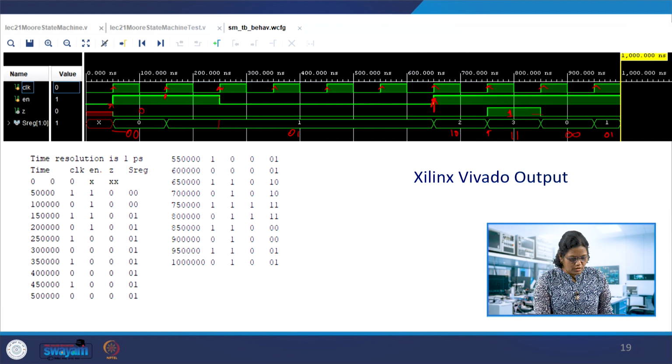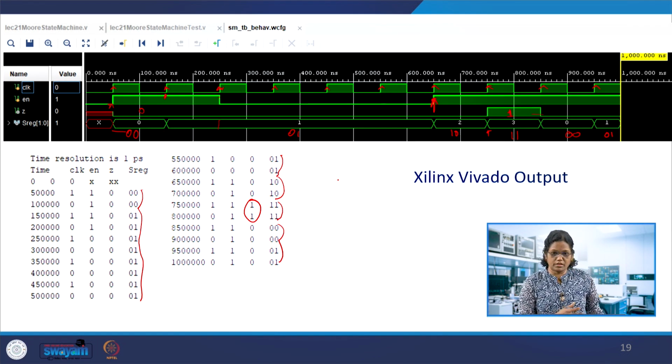We have got the log file also. Initially it is 0, and then it stays in the 0 1 state for a long time because of enable 0, and then it moves to 1 0, 1 1, and then 0 0. Z is only 1 at this state, that is 3, and 0 0 and so on.